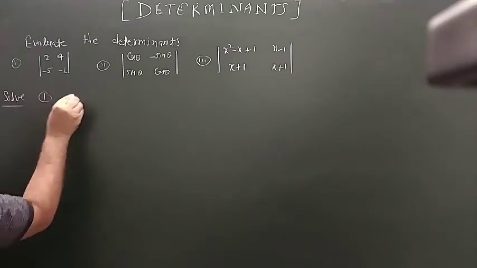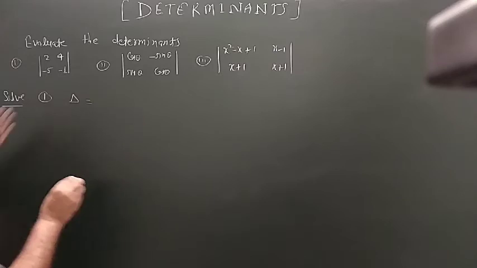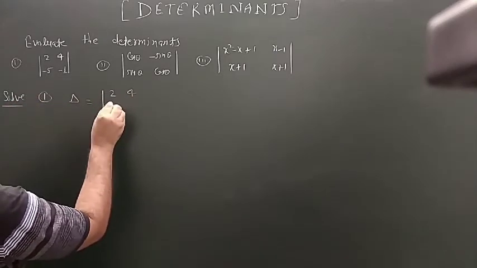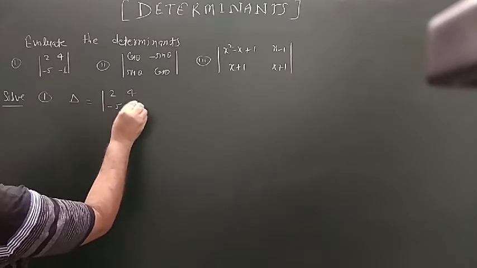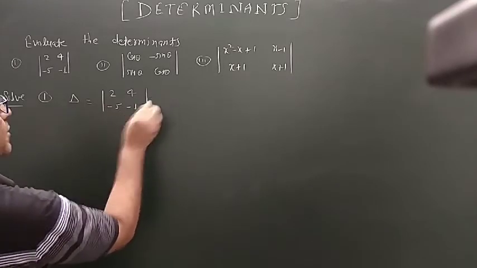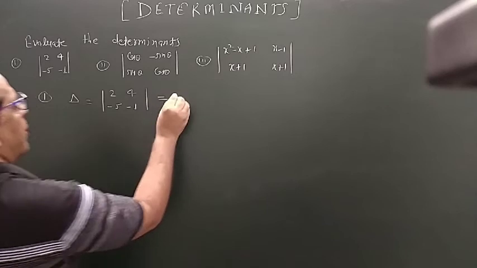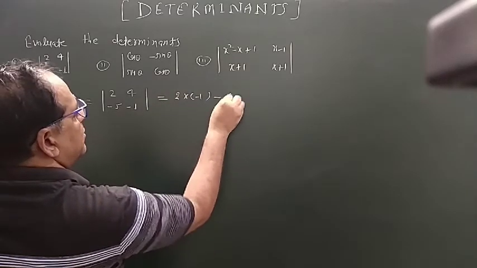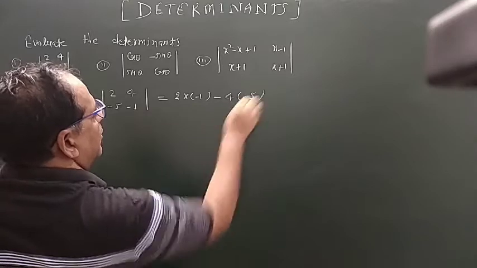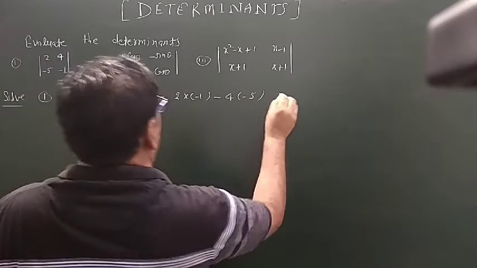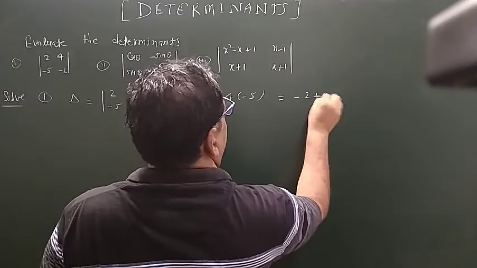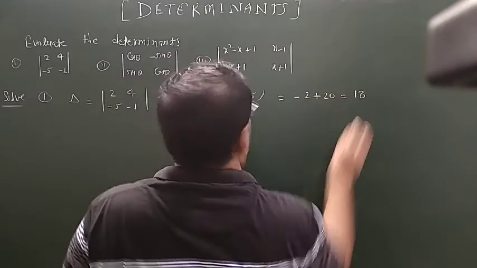The first part, we write the value of determinant: del = |2 4; -5 -1|. Open: 2 into minus 1 minus 4 into minus 5. So minus 2 plus 20, that means 18.